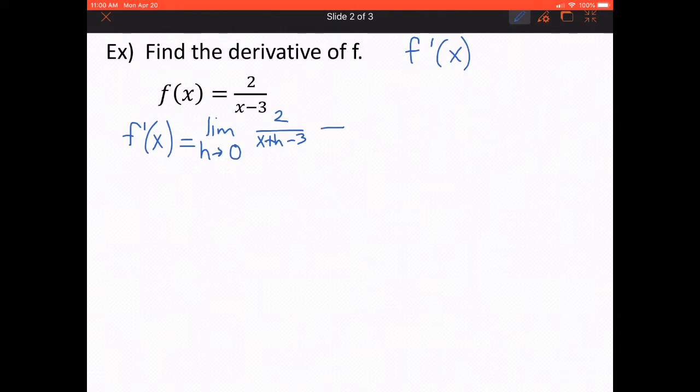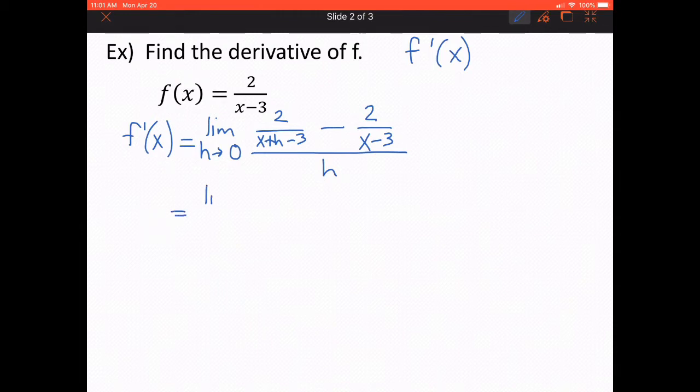Minus f of x is the next part, if you look back at the definition. So that means I leave it as 2 over x minus 3, right? I replace x with x. Still over h. So this is why I saved this problem. So I've got fractions within fractions, which we can do.